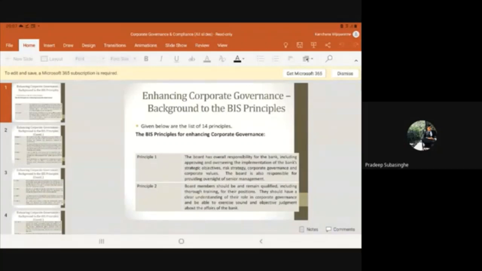And by setting the framework and also through international cooperation. So they are passing on information, giving instructions, rather recommendations, based on which the governance requirements all around the world have been framed.